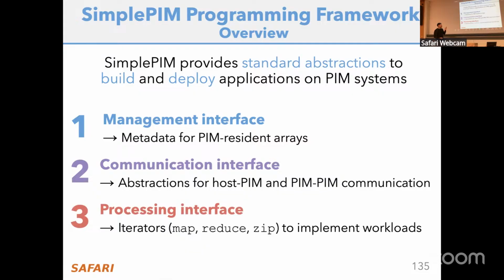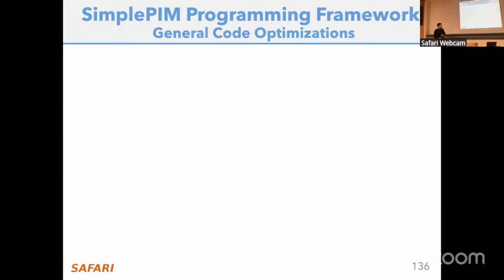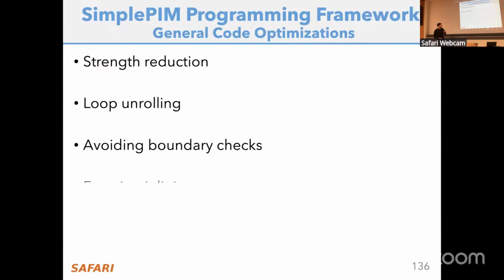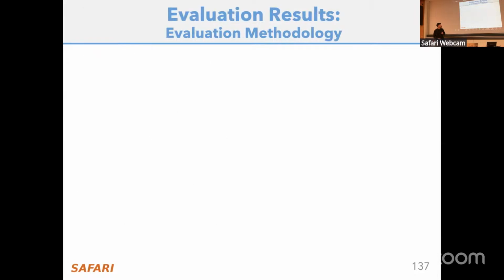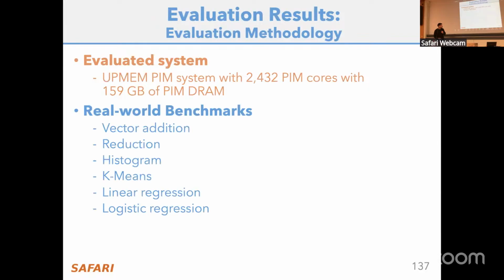And there is a processing interface that allows the user to do simple computations, simple parallel operations like map, reduce, or zip. There are a lot of other code optimizations that this allows us to implement, but I'm not going to get into details over here.